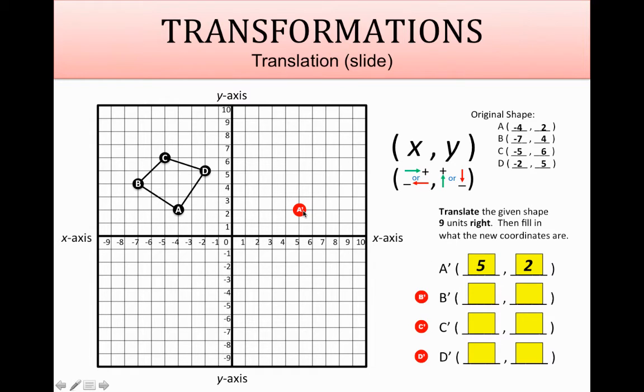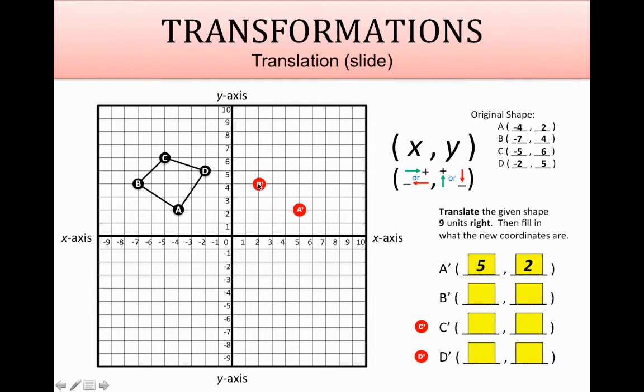So 5, 2 would be where that A prime is located. And then you would do the same kind of approach with these 3 points over here. You would click on B, drag it over here, and then start counting over 1, 2, 3, 4, 5, 6, 7, 8, 9, and then just leave it there.